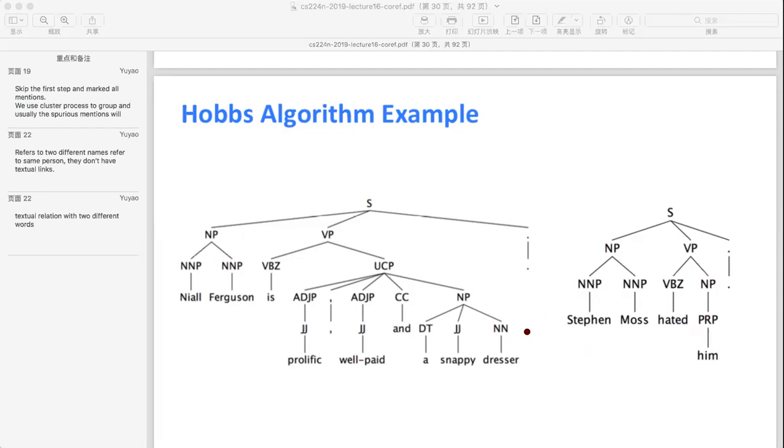The rule of this Hobbs algorithm says, for Stephen Moss, the first noun of the sentence, compare with "him." If there is a second noun between them, we will say, okay, this one is the antecedent of this word. But if between the first noun, Stephen Moss, and "him" there is no other noun, we will deny this as the candidate of the antecedent.